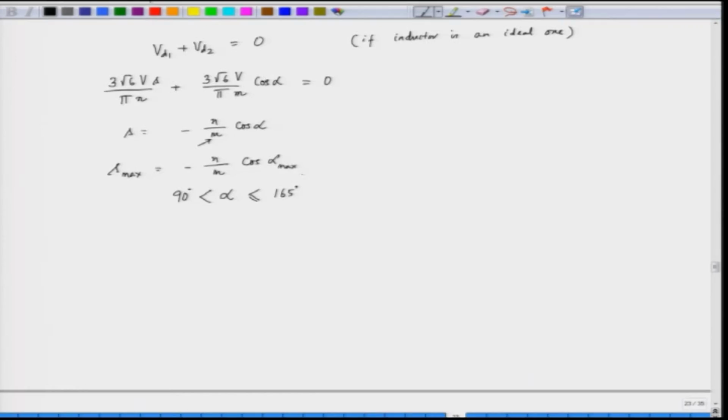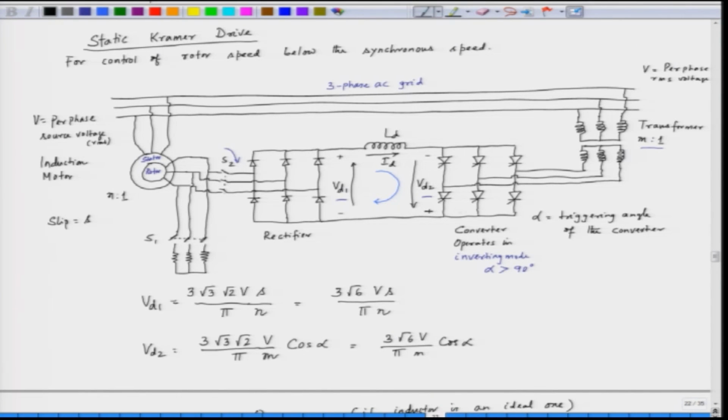So, we can't go directly close to 180 degrees, it has to be sufficiently smaller than 180. So, alpha max is 165, and it is operating from 90 to 165 in the inverting mode.